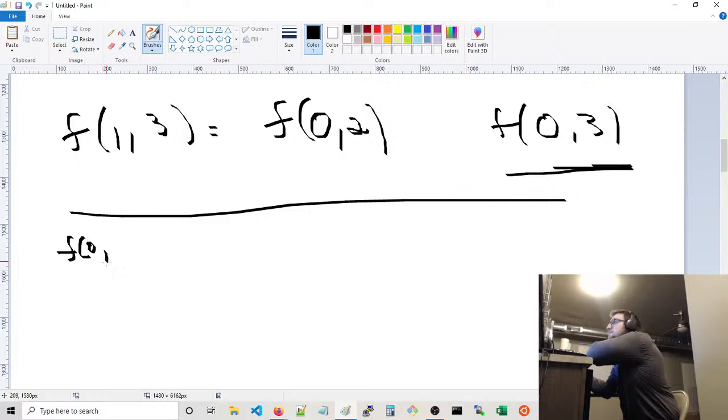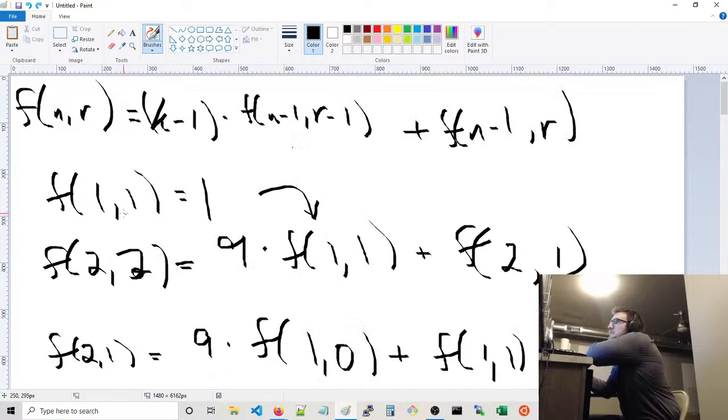F of 0 is what? Well, no digits, right? No digits to pick from, and no digits to pick from, except 0. You always have 0. Is there? Which is a 1. So you always have a 1.